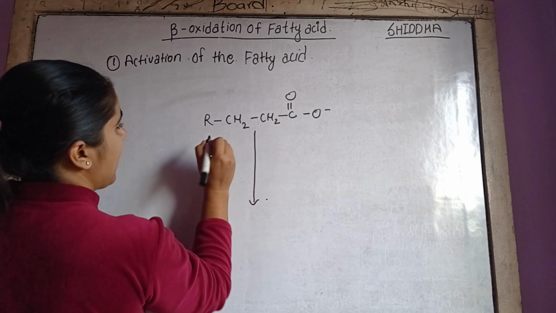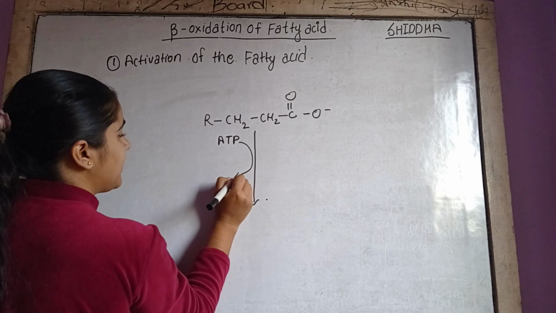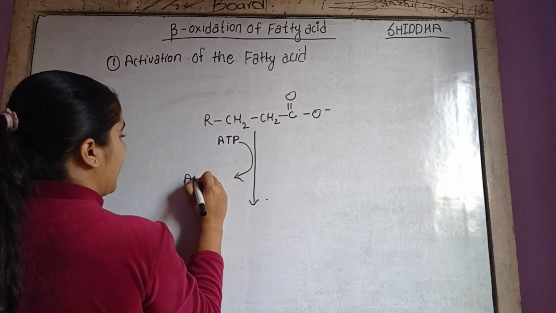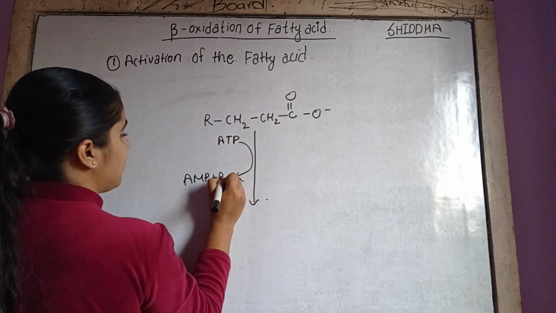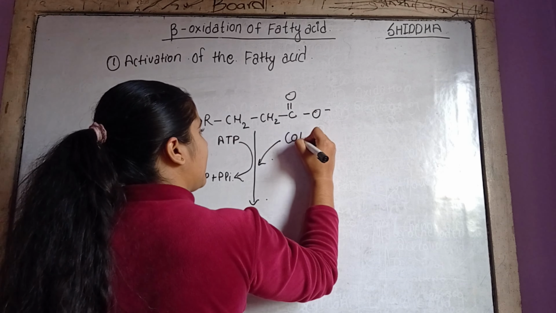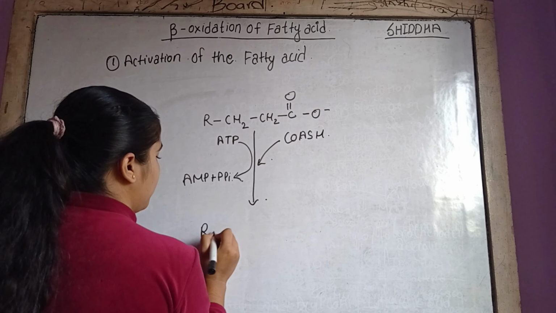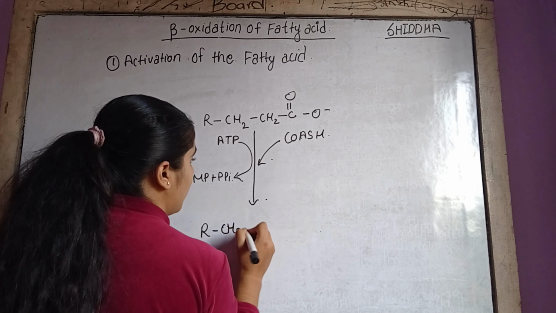Now we will utilize one ATP here and it will get converted to AMP and PPi. Similarly, coenzyme A is added here for the activation, and finally we will get a compound.